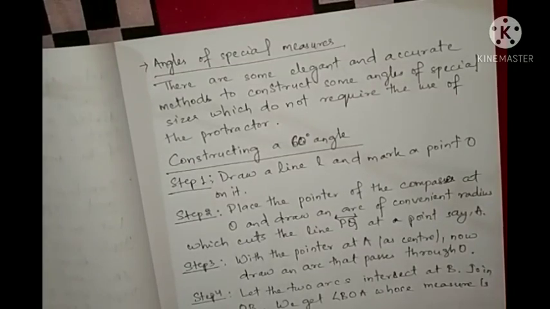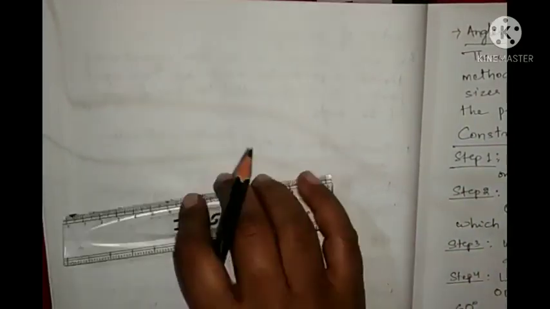So first is 60 degree. For 60 degree, what will you do? With the help of ruler and your compass, make a line.